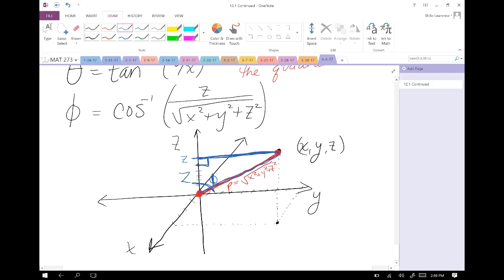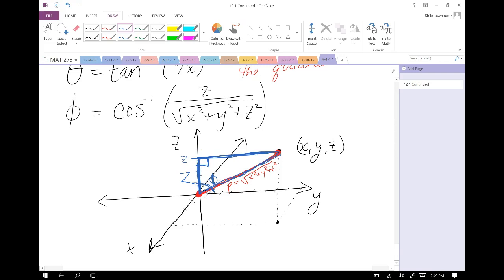In that right triangle, what would we call this side right here? In trig, adjacent side. So this is adjacent, this is hypotenuse.